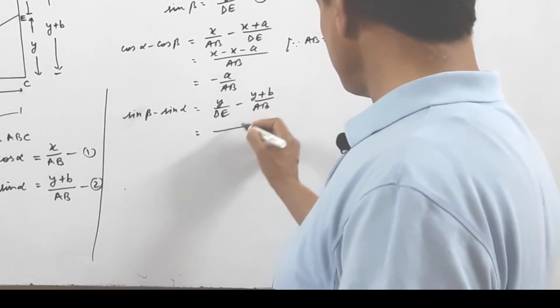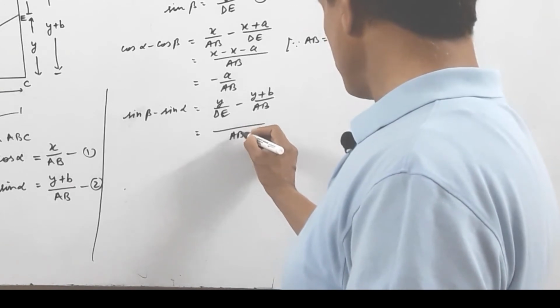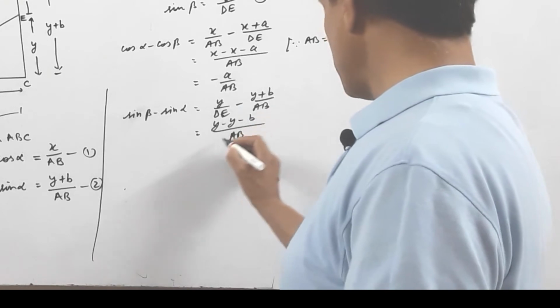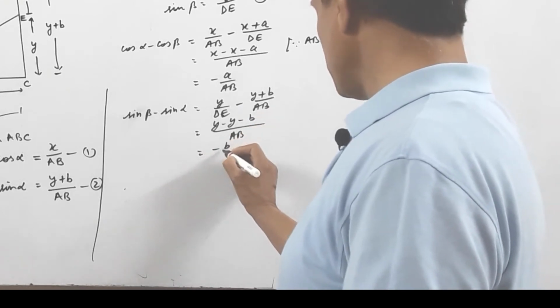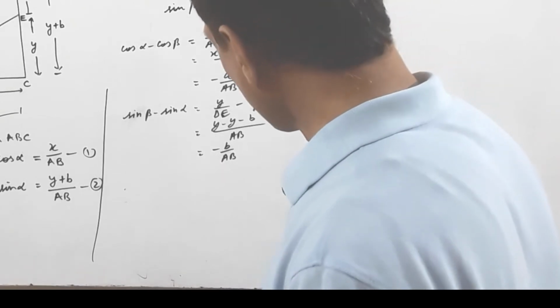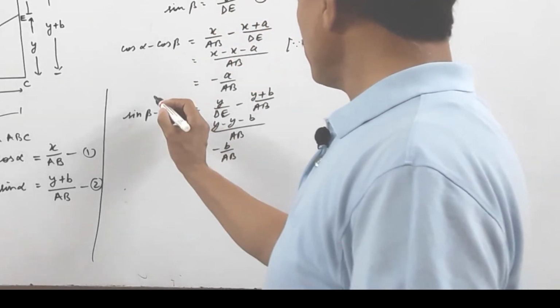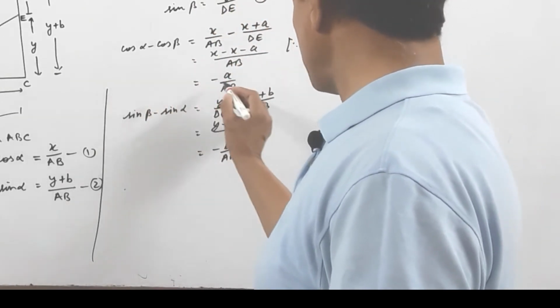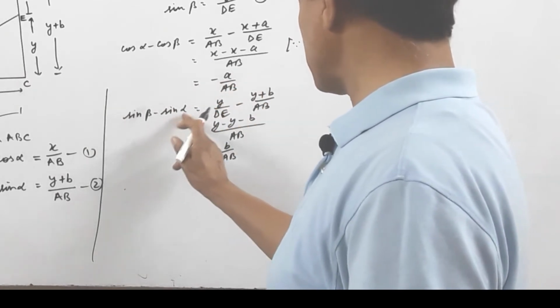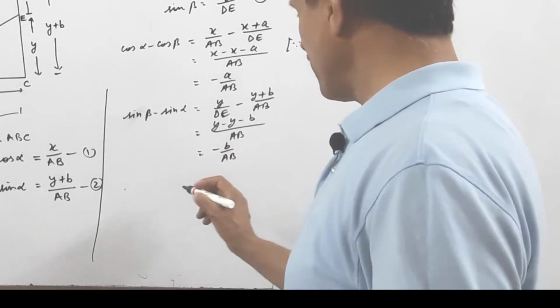Now taking LCM AB, because AB and DE are the same, so this is y minus y minus b, and that is minus b upon AB. So we have cos alpha minus cos beta is equal to minus a upon AB, and sin beta minus sin alpha is equal to minus b upon AB.